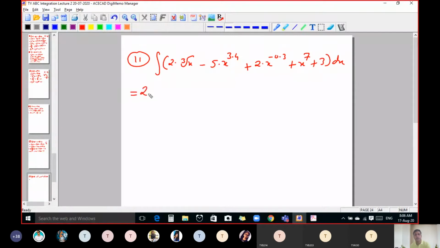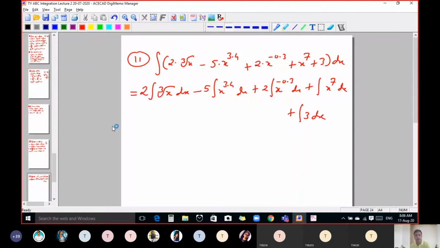This you can write as 2 into cube root of x minus 5, taking outside, x raised to 3.4 plus 2 into integration of x raised to minus 0.3 dx plus integration of x raised to 7 plus integration of 3x. One more step.